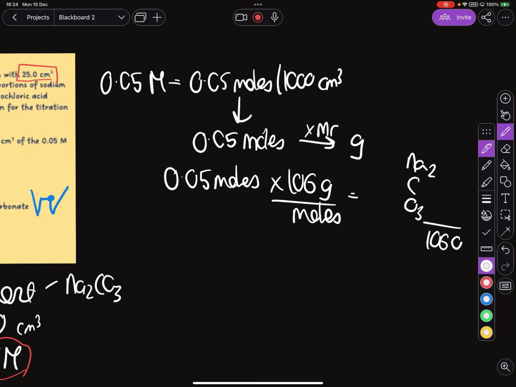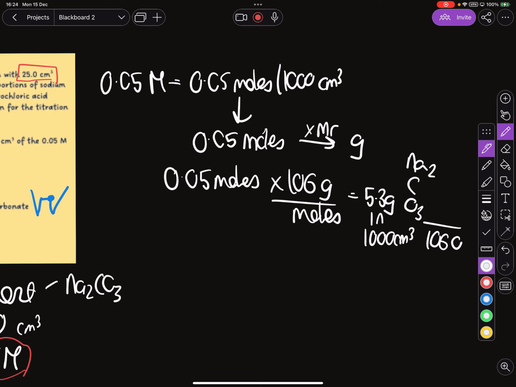Let me do the maths. 0.05, 106. Okay, that is giving me 5.3 grams, and that 5.3 grams is in 1,000 centimeters cubed.